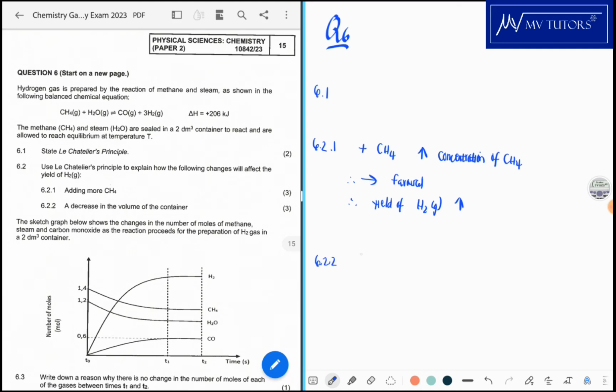So when you decrease volume, first of all, everything is a gas, right? Yes. If you decrease volume, you are increasing the pressure. And what does an increase in pressure do? An increase in pressure looks at the balanced chemical equation, and we're going to look at the least amount of moles.